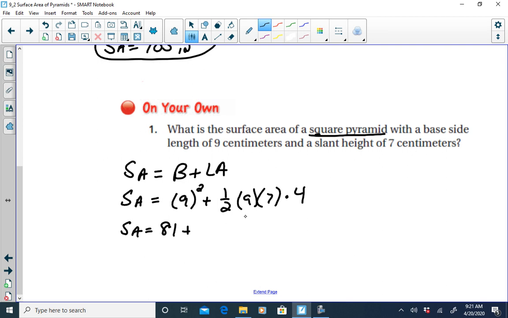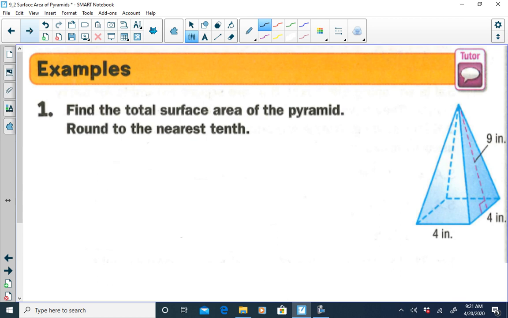Plus, well, what's 1/2 times 4 times 9 times 7? It's going to be 126. So the surface area is going to be equal to 81 plus 126. So that's going to be 107 square centimeters. Alright, let's try a couple more.